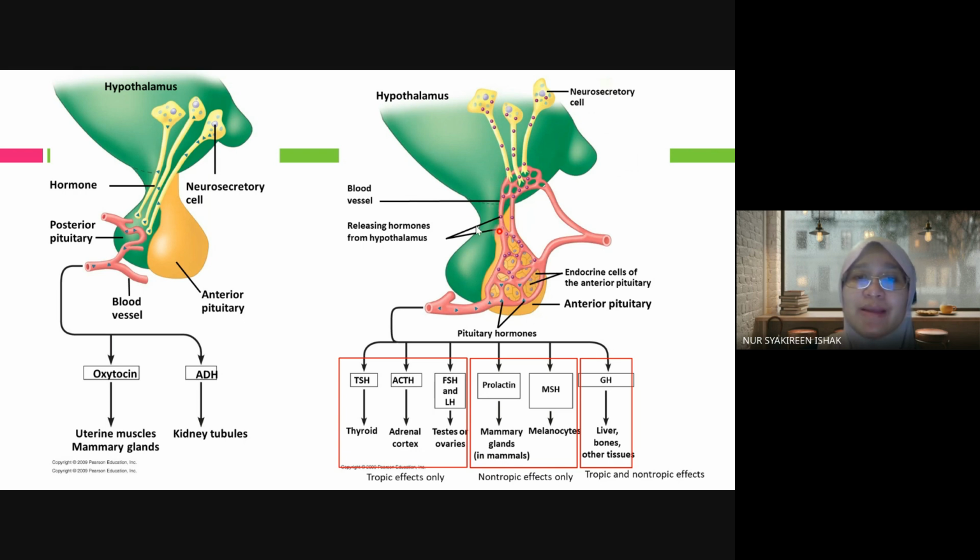So it affects releasing or inhibiting hormone. It causes the cells of the anterior to respond, either by producing another hormone or by inhibiting the production of another hormone. It is made up of epithelial cells, which function as endocrine cells.